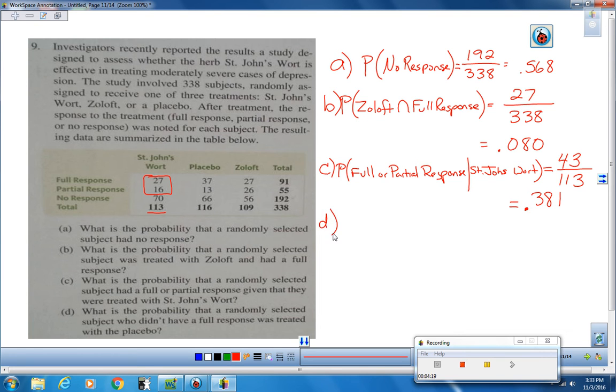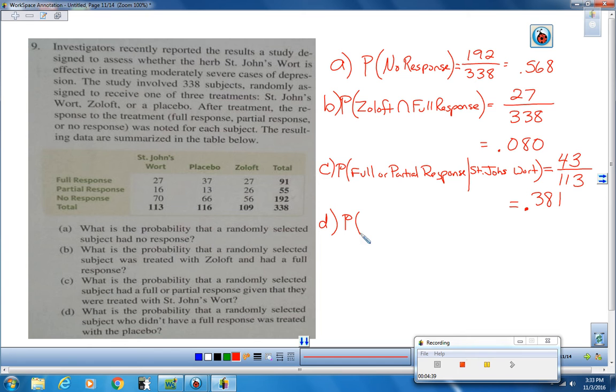Okay, for part D, what's the probability that a randomly selected subject who didn't have a full response was treated with the placebo? A randomly selected subject who didn't have a full response was treated with the placebo. So let's think about this. This is all people that didn't have a full response.